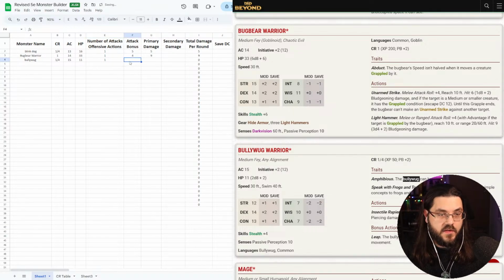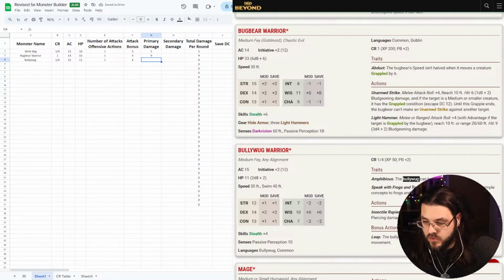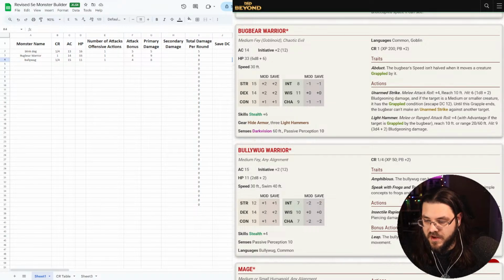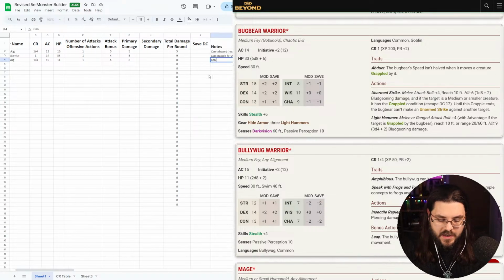Number of offensive attacks is 1, and it's +4 to hit. The primary damage is going to be 6 + 2, so that's 8. That's quite high in comparison to our one point of reference being the Blink Dog so far. And then it has movement shenanigans, so we'll make a note of that. Can leap.